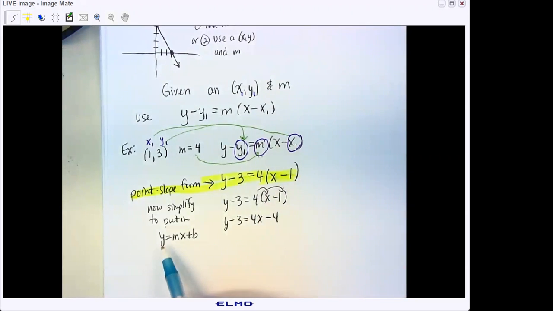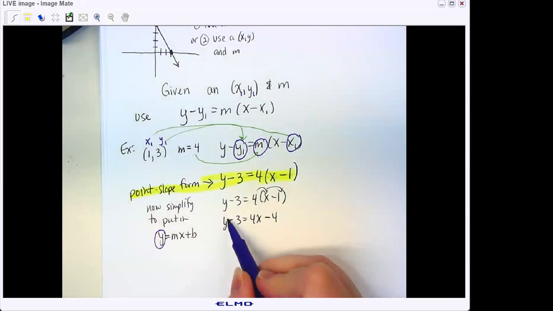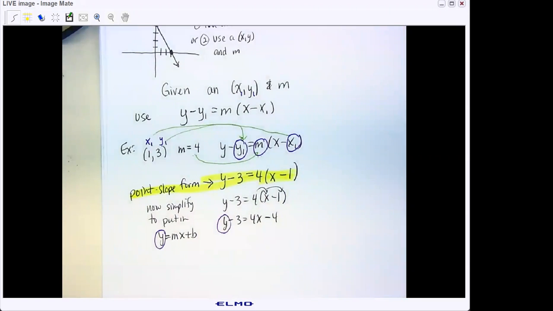Now, when I have slope intercept form, I have y equals mx plus b. y is all by itself, right? So I need to get y all by itself. How do we get rid of a minus 3?